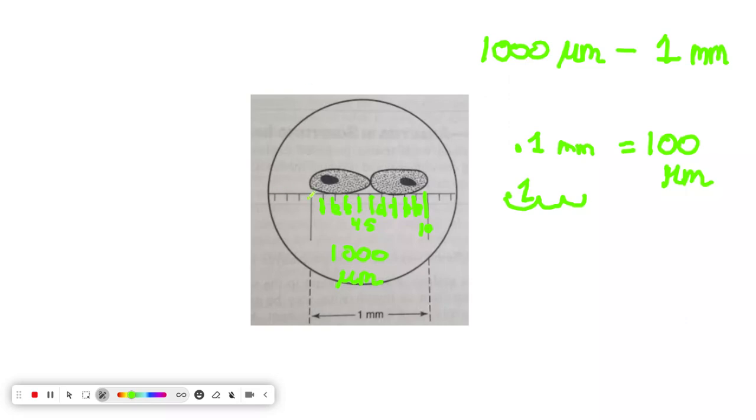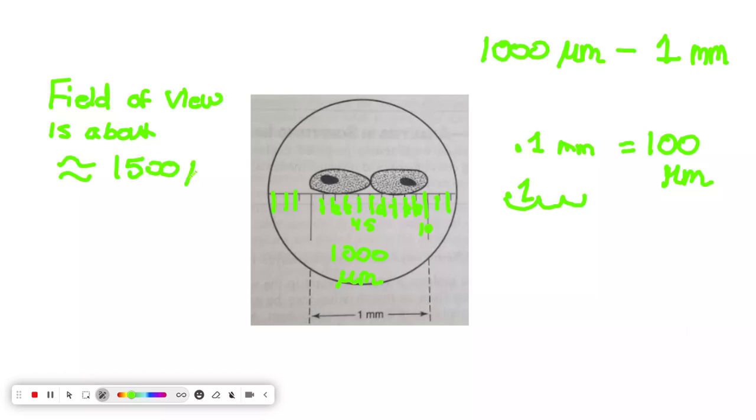So we could say there's 1,000 here, 100, 200 maybe, 300, 400, 500. So the field of view is about, and we can use this about sign, 1,500 micrometers.